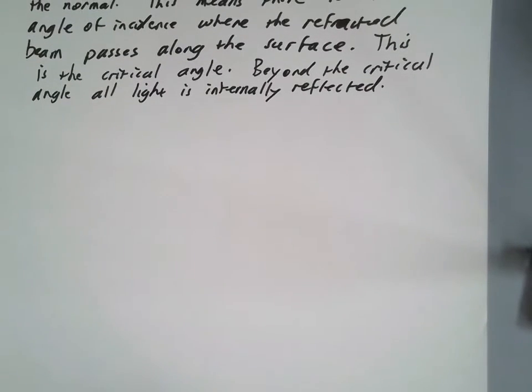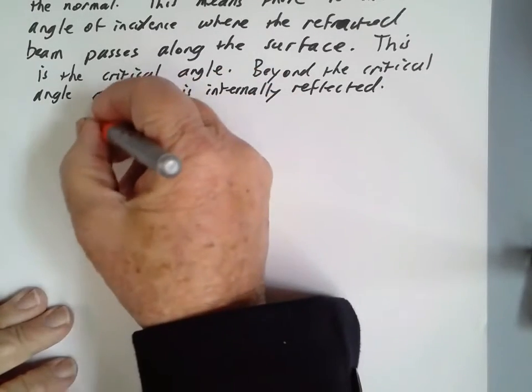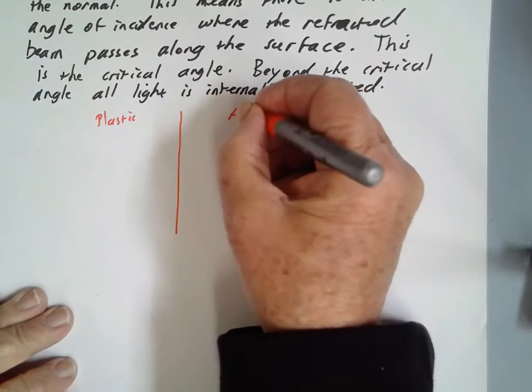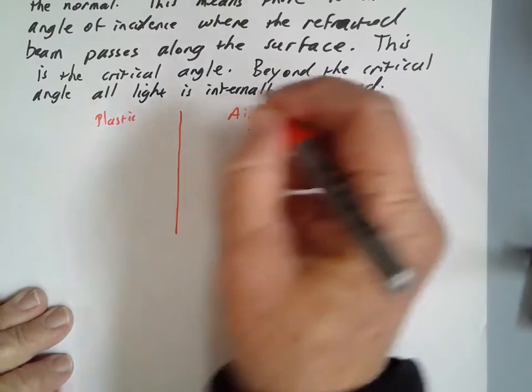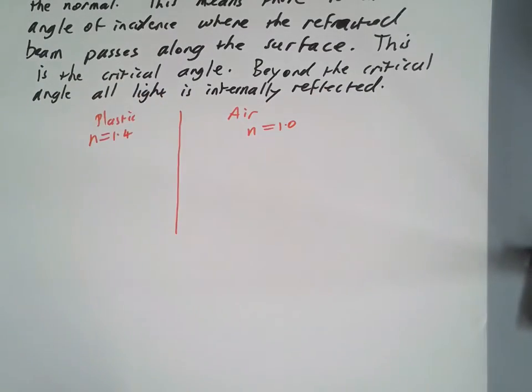Okay. So, let's set up a similar one to before. Plastic, air, N equals 1.0, N equals 1.4.